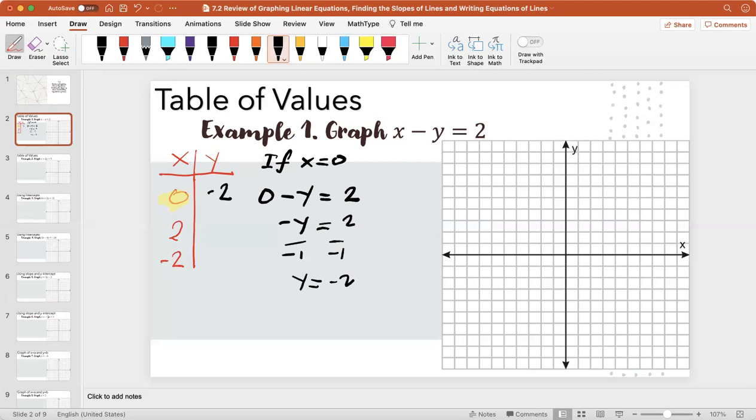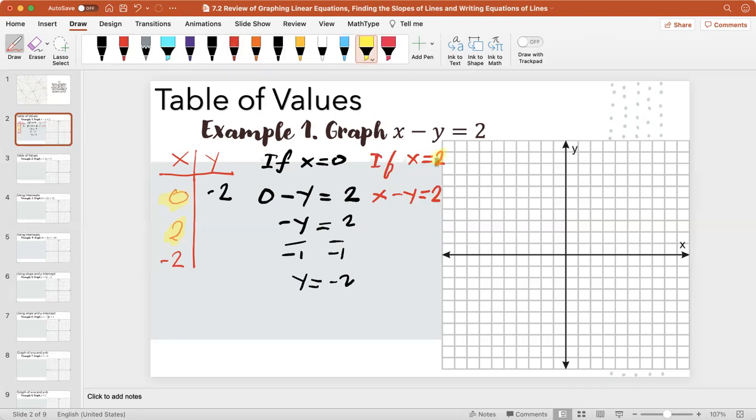Let's have 2. What if your x, so what's your x here? It's 2, right? Your x is equal to 2. Then again, we solve for y using x minus y equals 2, which is our equation. So we plug in 2 for x.